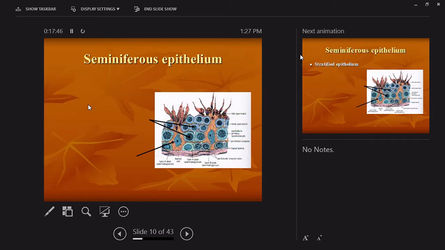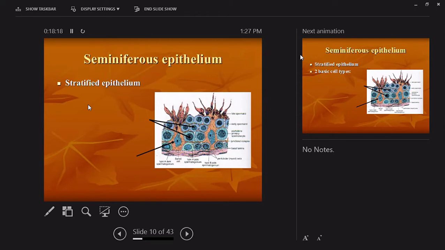You have the type A dark spermatogonium, and then the type B pale spermatogonium. The classification of pale or dark refers to the cytoplasm.